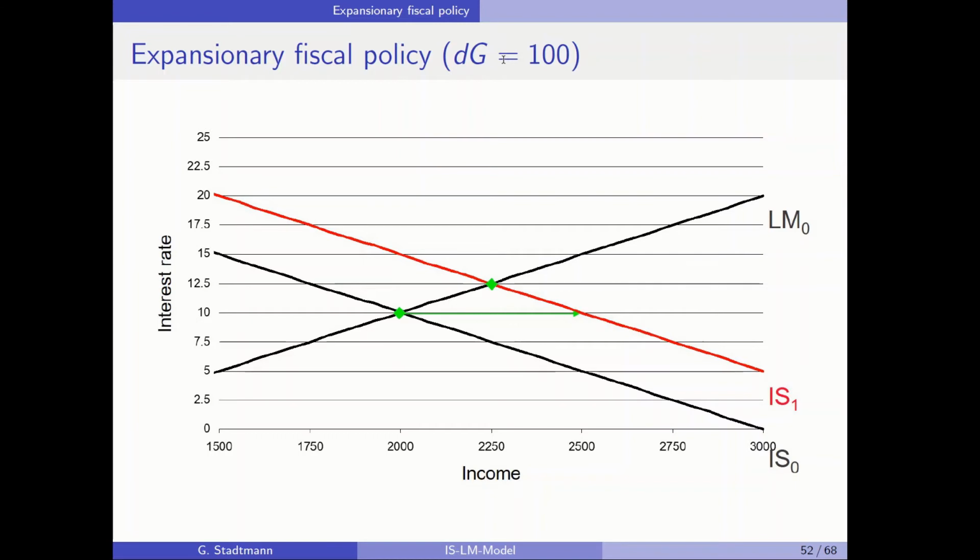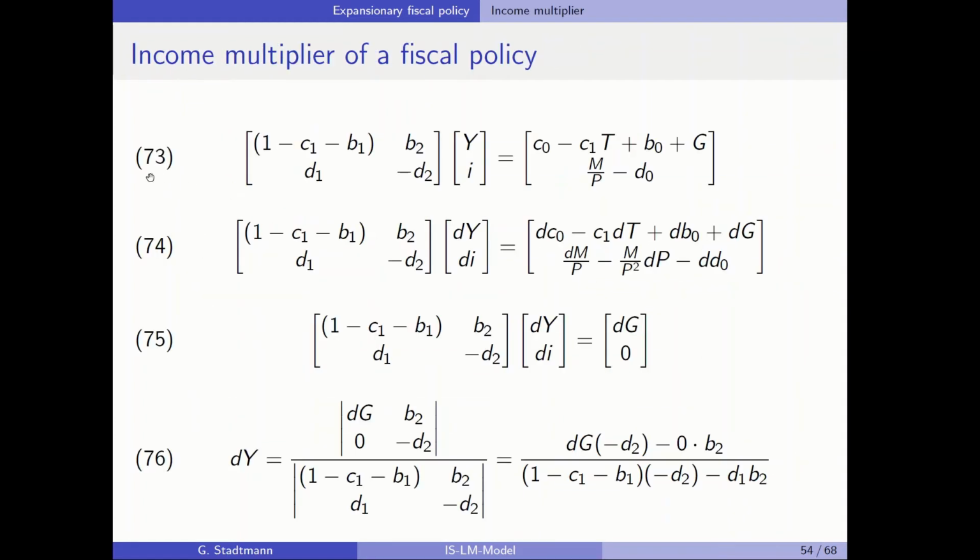Let's compute the income multiplier, and here we are going to use Cramer's Rule. So we start with equation 73, where we have written the IS and the LM equation in the form of a matrix notation. In the next step, we compute the total differential, which implies that we write a d in front of each variable.